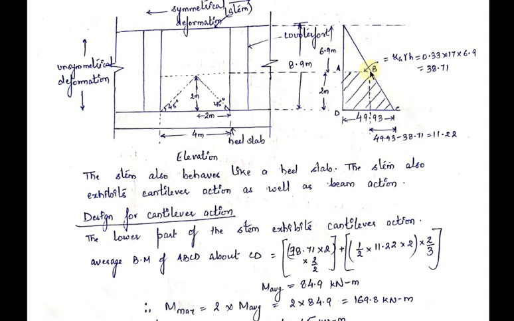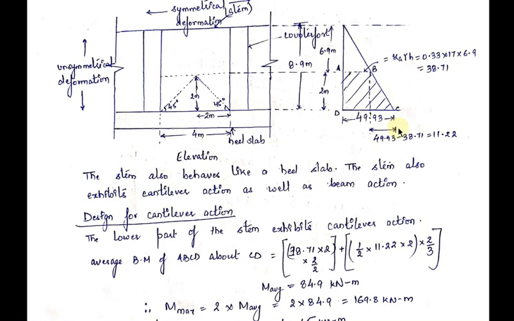And similarly, now we will take the triangular part. Let's find out the force due to this triangular part. In order to find the force acting due to this triangular part, just take the area of the triangular part, which is half base into height. The base can be calculated by this: this much width is 38.71 and this total is 49.93.